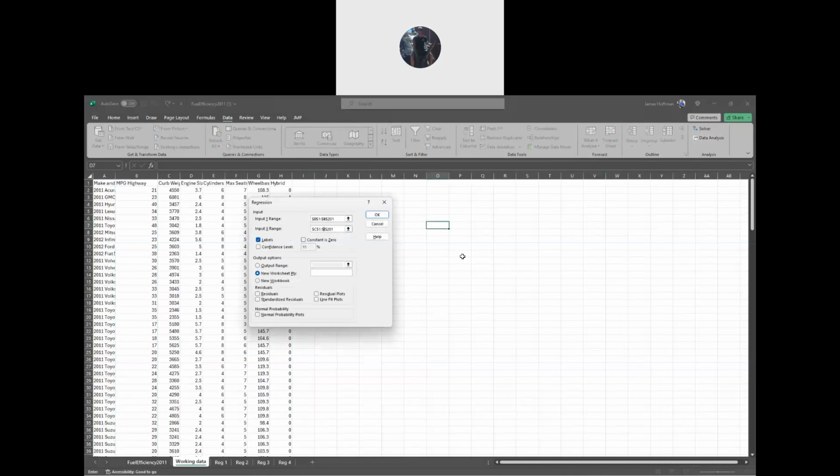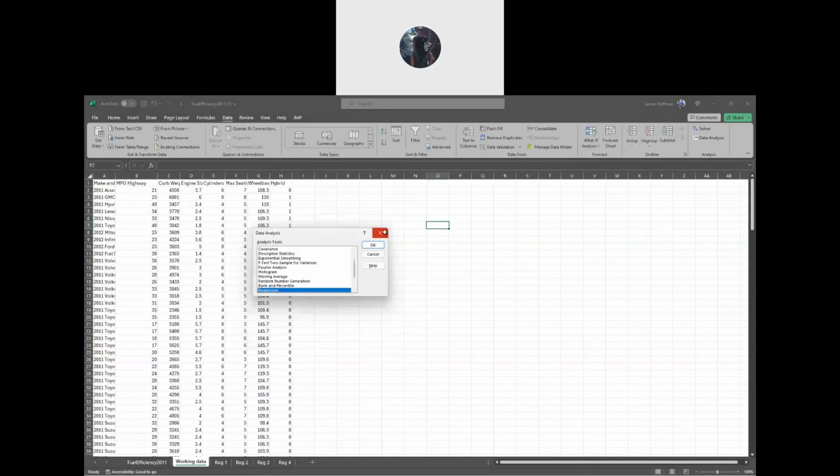I have a question. If you are going to take out each and every one, how far do you go? Yeah, so you go until all the variables are significant, the t-stats bigger than two.